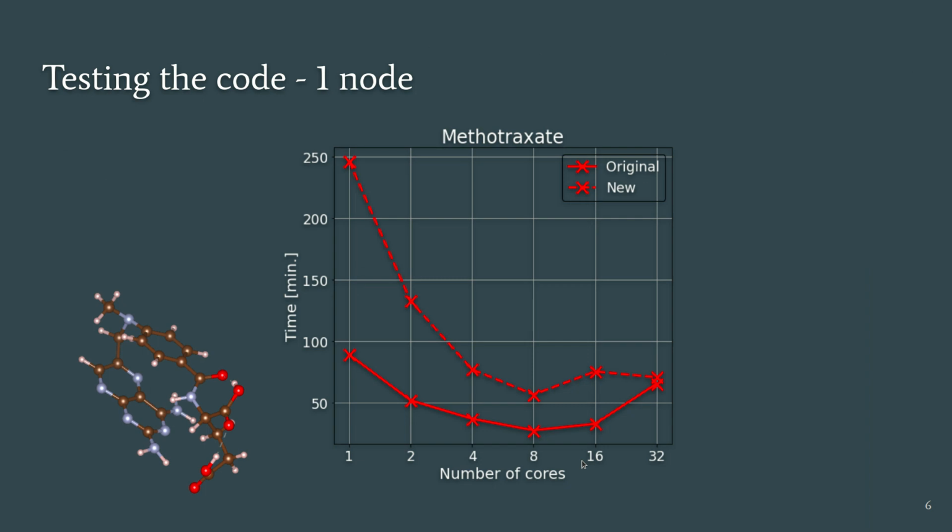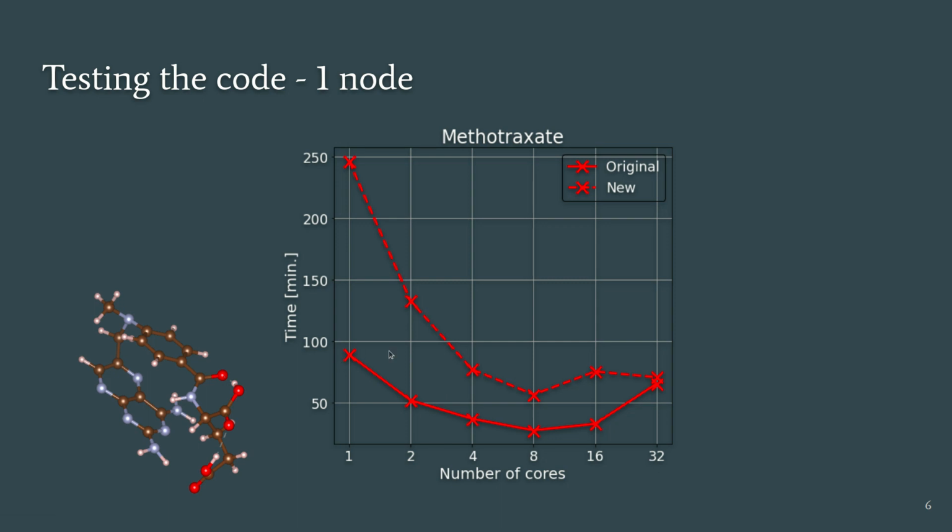The first type of testing that we did was using this molecule methotrexate, and we chose to do testing on a single node, and we used different numbers of cores for the testing. We used 1, 2, 4, 8, 16, and 32 of the 32 available cores in the node.